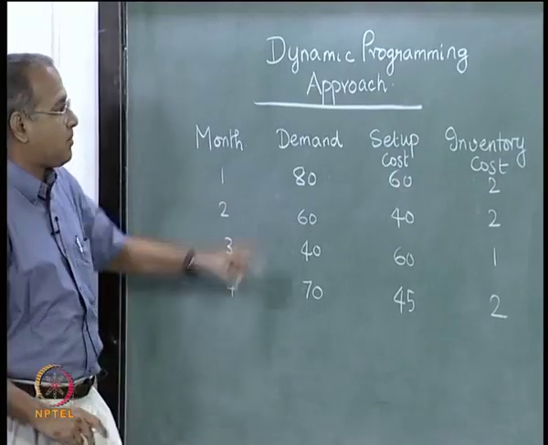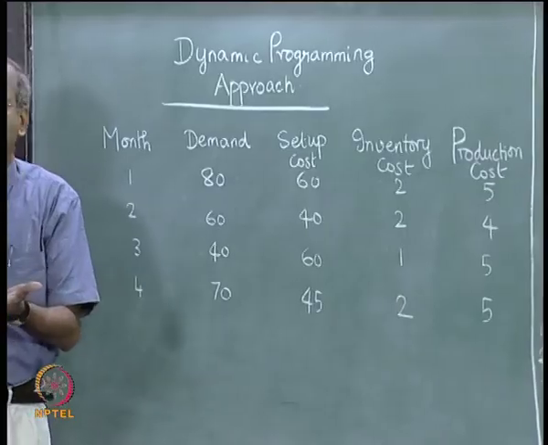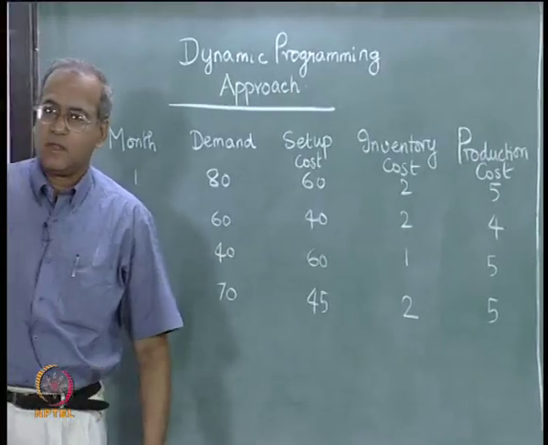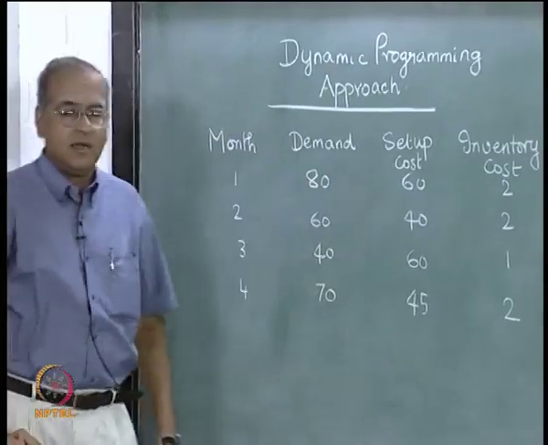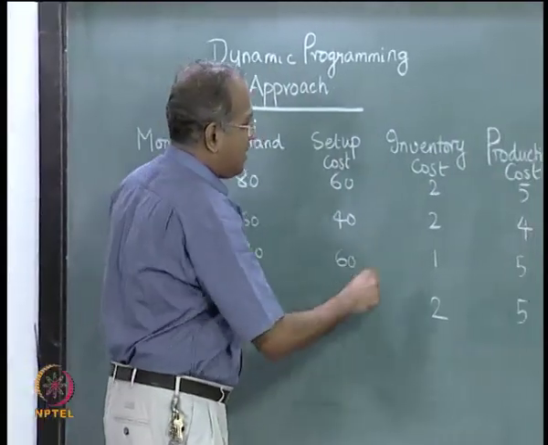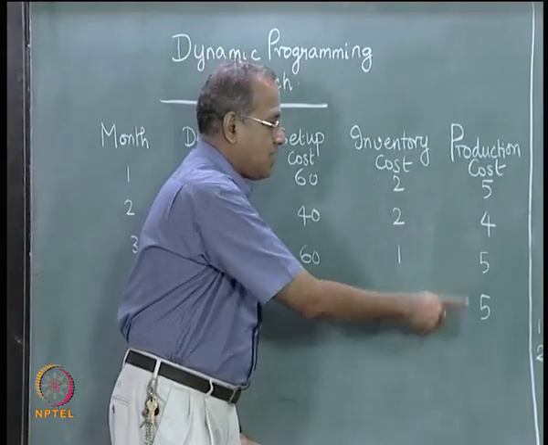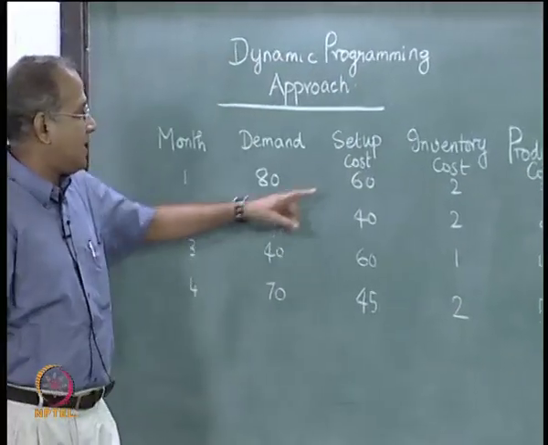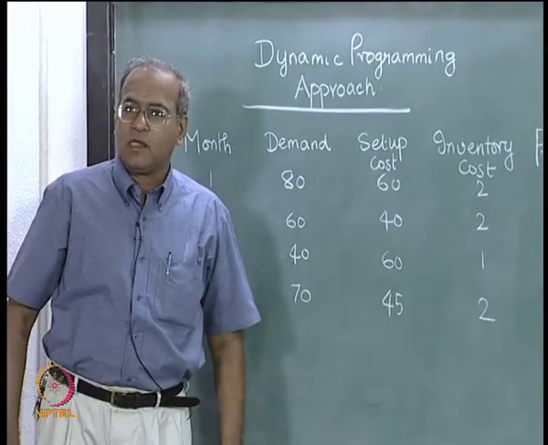But if the production costs themselves change, then this will also have a bearing on the solution. Now, in order to bring out the features of the algorithm, we have considered a problem where the inventory holding costs are different in different periods, production costs are different in different periods, and setup costs are also different in different periods.